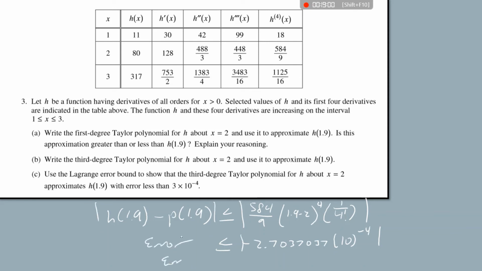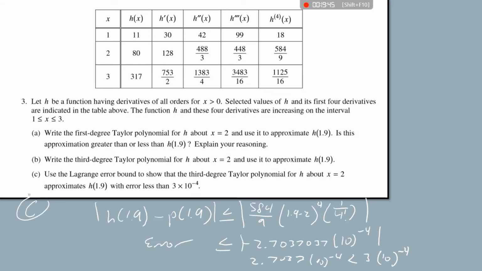So the value that we got, the positive value, 2.7037 times 10 to the negative fourth is less than 3 times 10 to the negative fourth. Okay, I think that's it. It didn't ask us to justify, it just asked us to show.